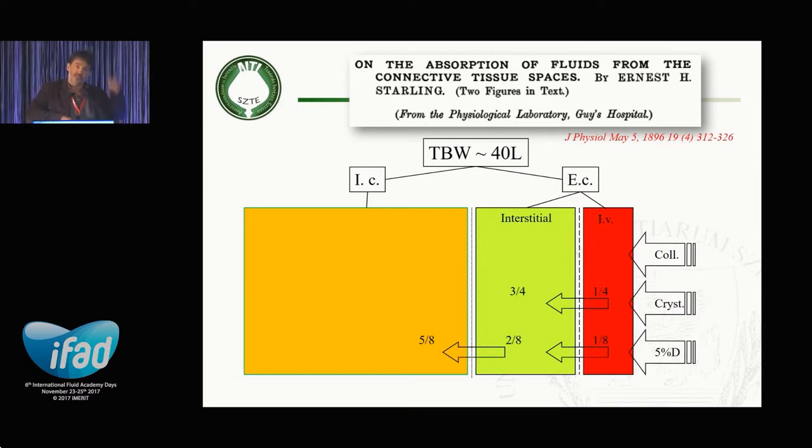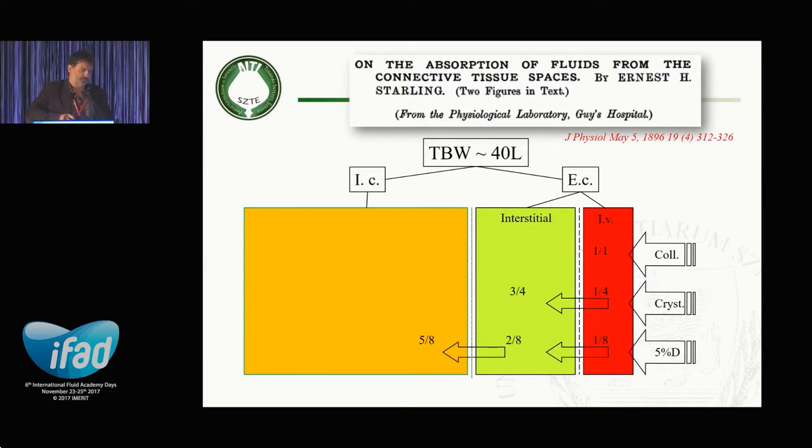Crystalloids: because the fundamental cation in crystalloids is sodium, which cannot really enter the cellular membrane, it will be distributed in the extracellular water. And colloids, by definition, are macromolecules and should remain intravascular. Of course, it's not that true, but by and large, this is the situation.